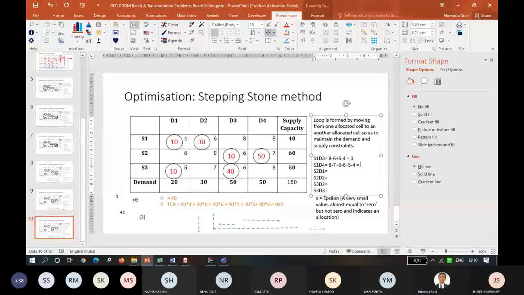How much is it? 8 minus 7 is 1, plus 6 is 7, 7 minus 6 is 1, plus 5 is 6, 6 minus 4 is 2. Clear?